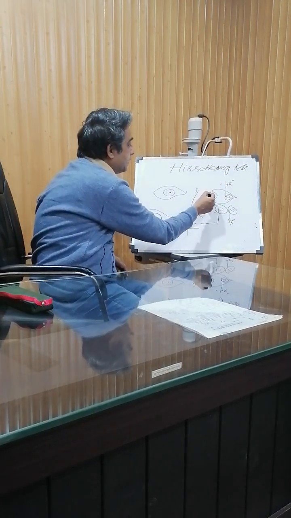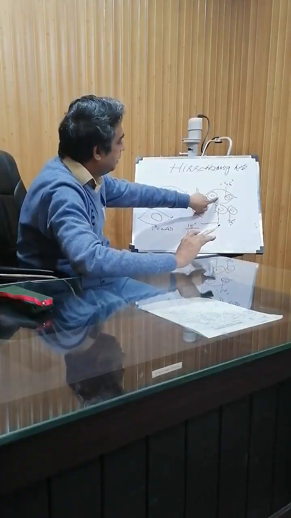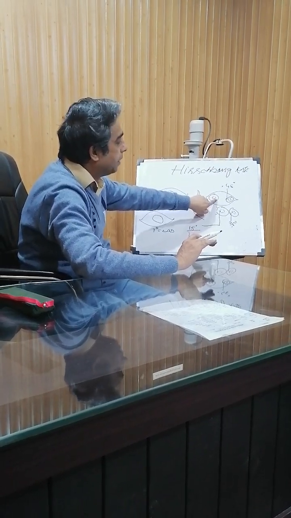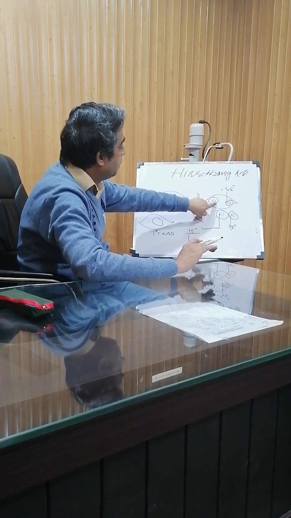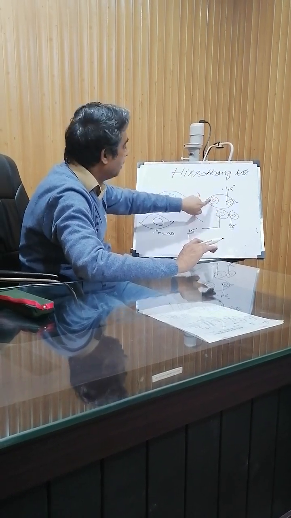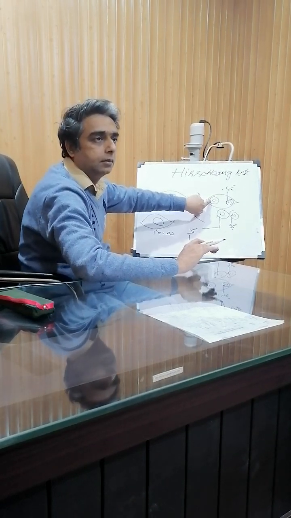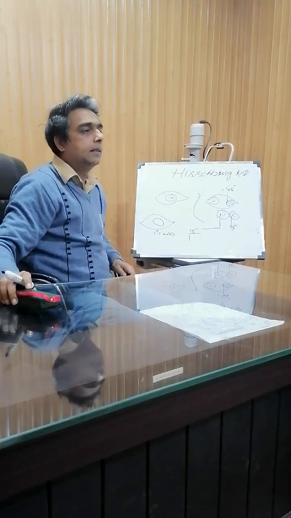The other measurements are the same, okay, either on the limbus or in between the pupillary margin and the limbus, and here the pupillary margin will be temporal, not nasal. Got my point? No? So this is the Hirschberg test.